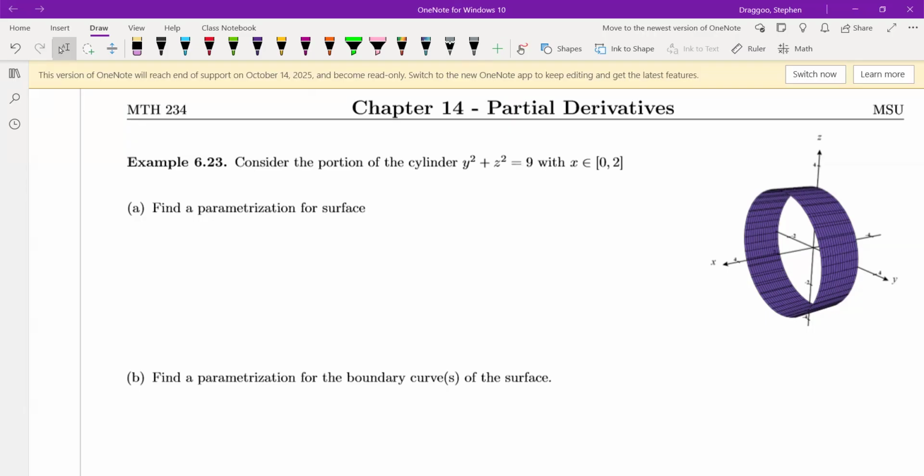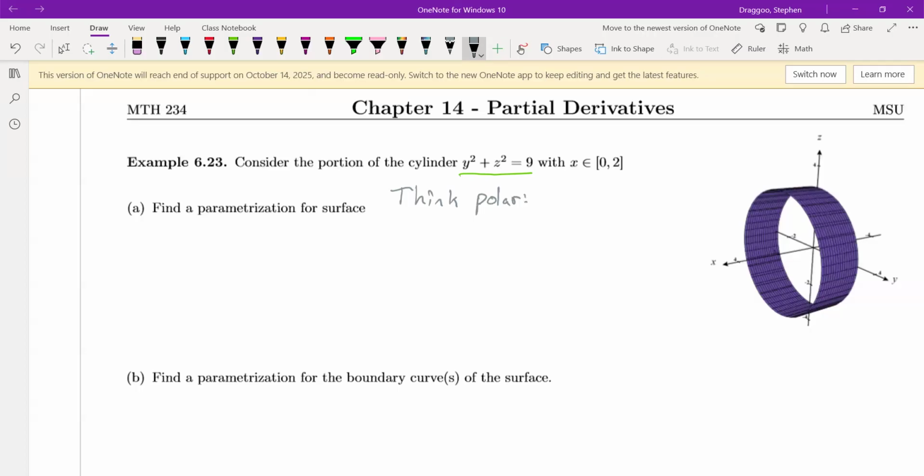I think we can pull that off. Again, when I see an x squared plus y squared, or maybe a y squared plus z squared, or maybe a z squared plus x squared, two of the x, y, and z variables squared and added together, I am immediately going to be thinking about polar coordinates. So think polar again.